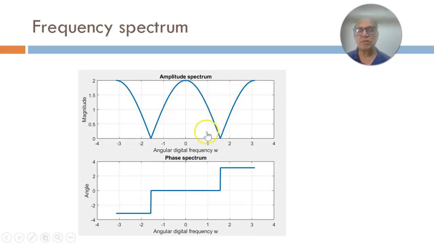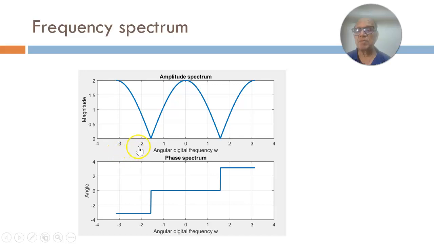And here, note that when you plot the amplitude spectrum in this range, of course, cos is positive. Now, beyond this, the original cosine function becomes negative. But since we are plotting only amplitudes, we multiply by minus 1 and plot only the corresponding positive values.